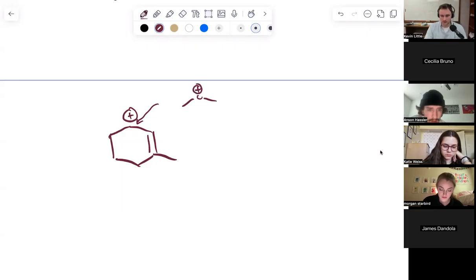It's a carbon with an empty octet, an empty orbital. So that's what that carbon looks like. It's missing electrons. And we can fill those electrons by sharing a double bond with it.